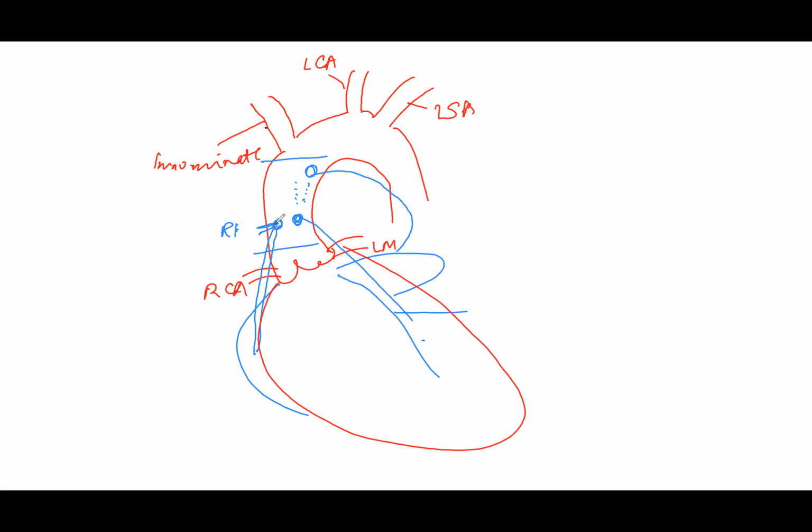So you might need different types of catheters depending on where these different things are. Now, if you're coming through the RCA, this portion of the heart is difficult to access. So if there's a graft on this side, you need a very long secondary curve to access this.